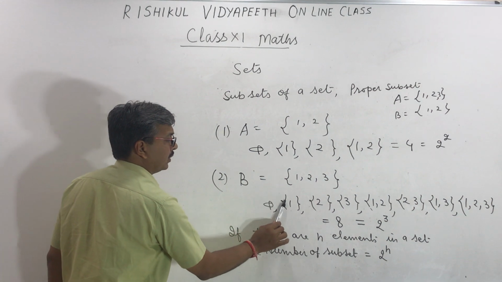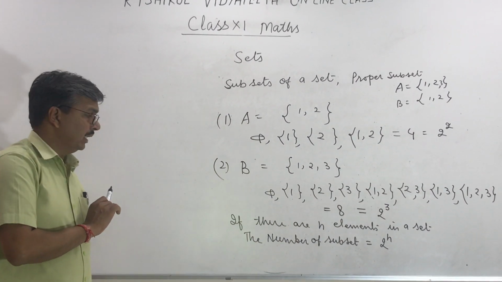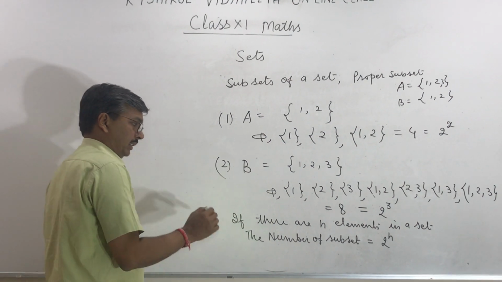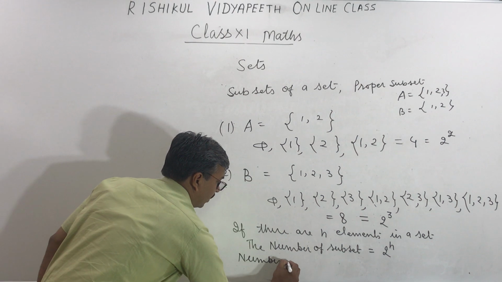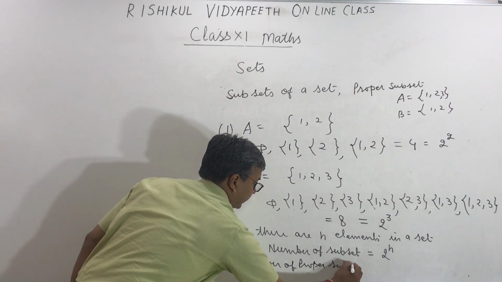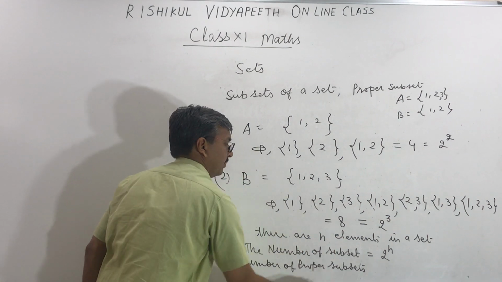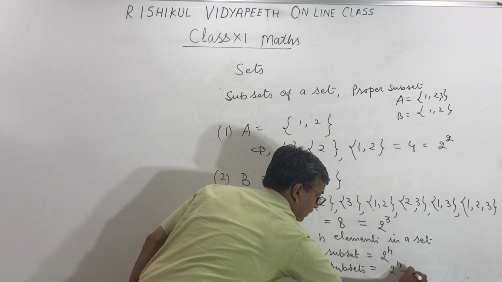And here 1, 2, 3, 4, 5, 6, 7. It means 8 minus 1. Therefore, the number of proper subsets will be 2 raised to the power n minus 1.